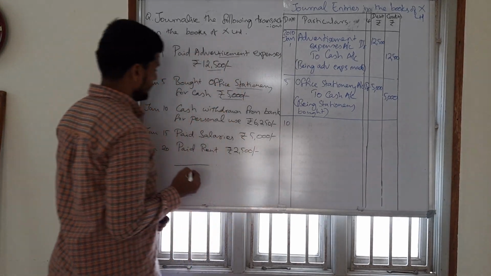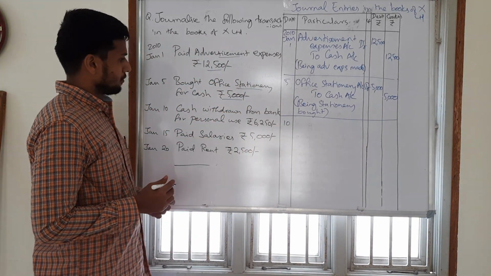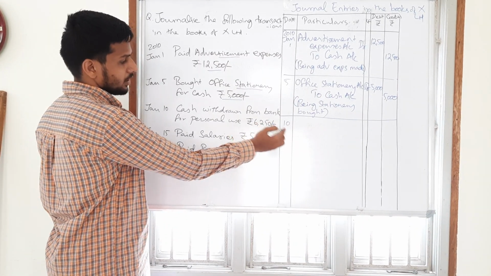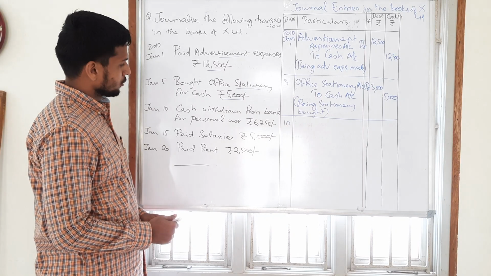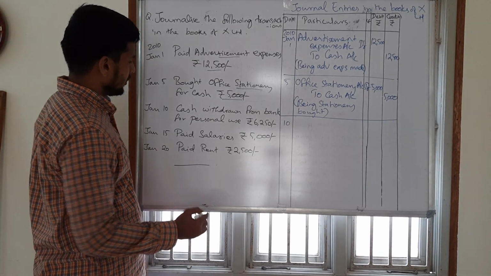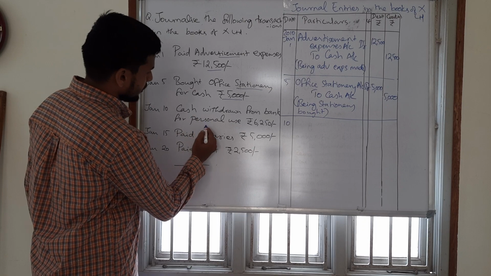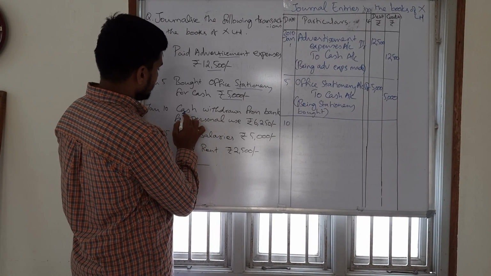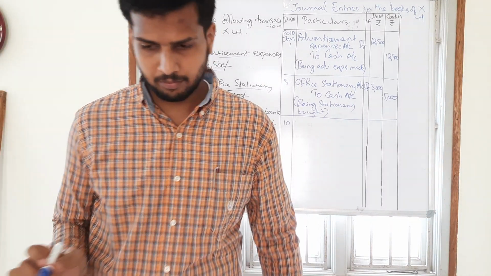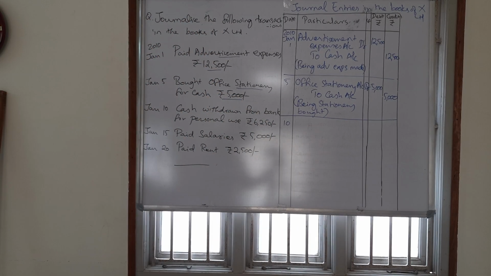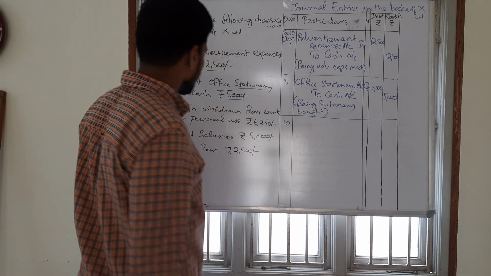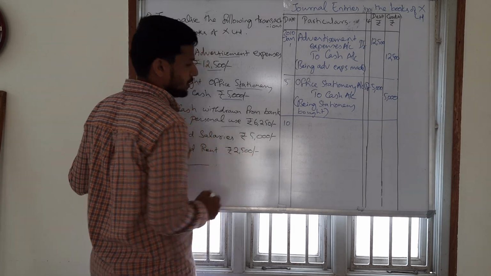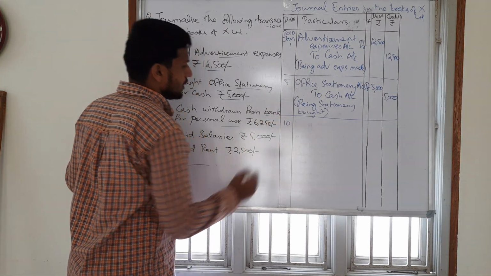January 10. Cash withdrawn from bank for personal use rupees 6,250. Here the two accounts that are affected are, the personal use can be termed as the drawings account, and the other one is the bank account.